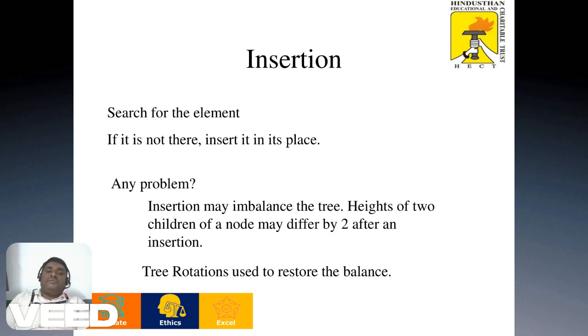The four rules are left rotation, right rotation, left-right rotation, and right-left rotation. If it is right imbalanced, we do the left rotation. If it is left imbalanced, we do the right rotation.